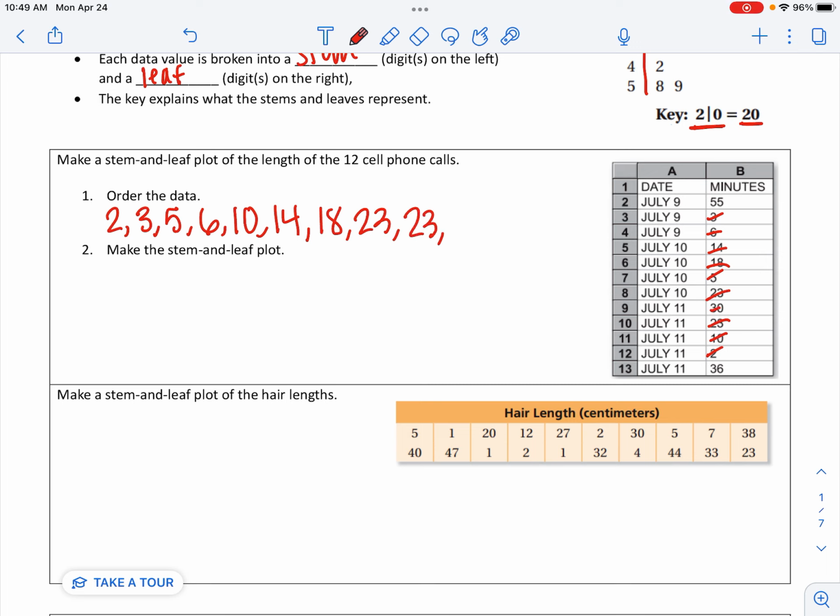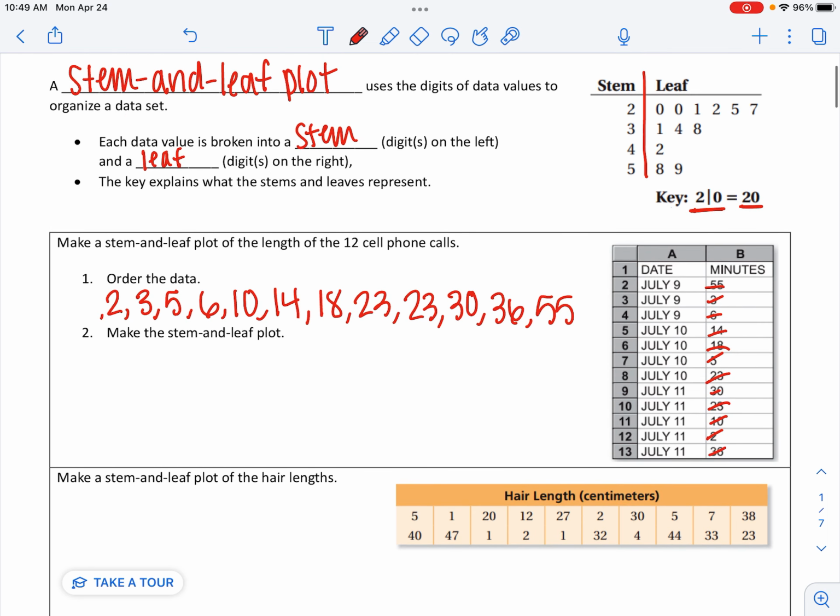And then 30, 36, 55. I should have 12: 1, 2, 3, 4, 5, 6, 7, 8, 9, 10, 11, 12. And I do. Next, I just make my stem and leaf plot like we have up in this right corner. I'm going to start like this, and I'm going to have a stem and a leaf.